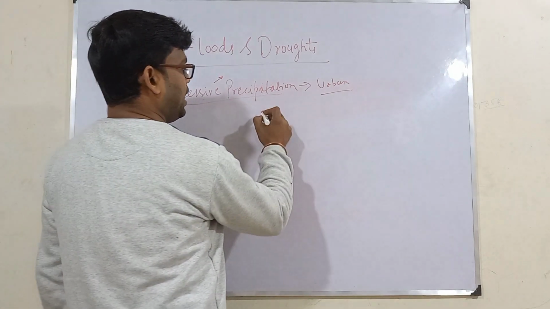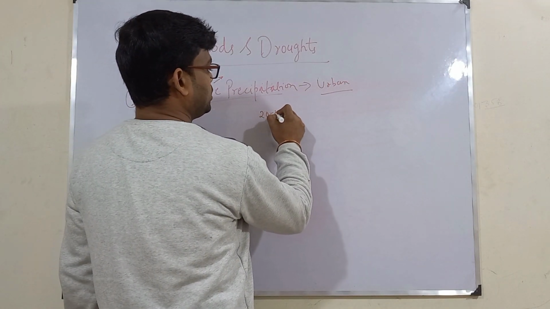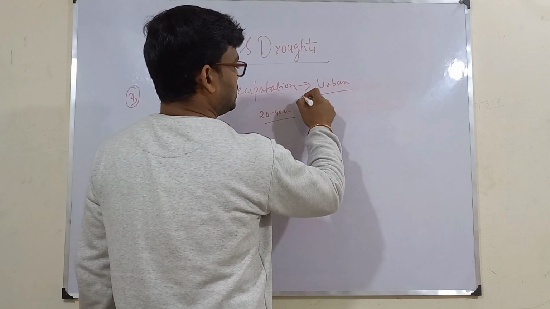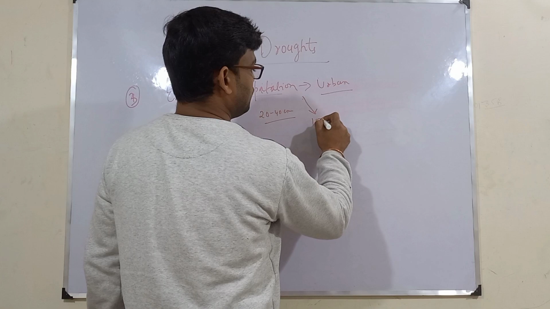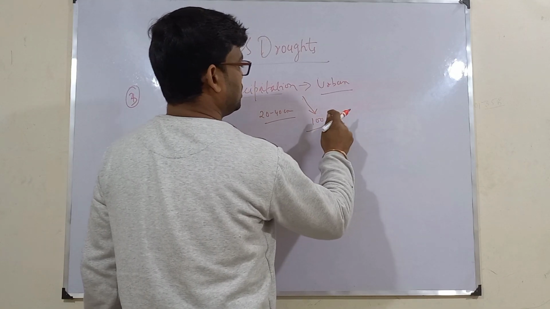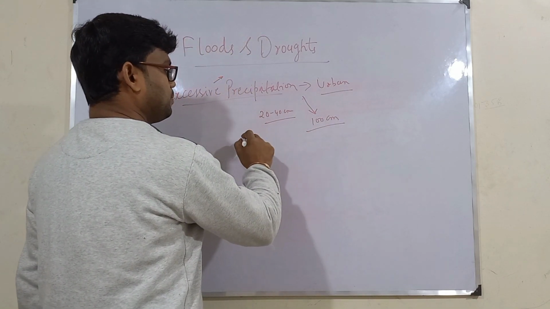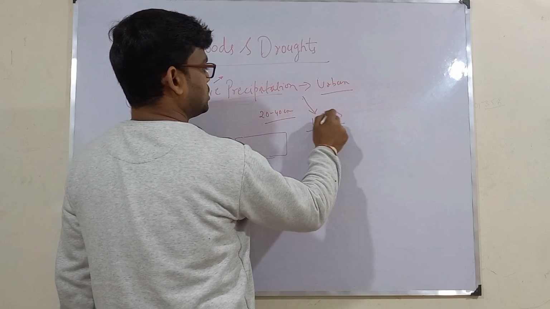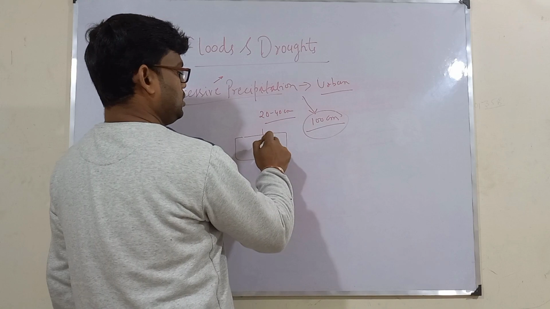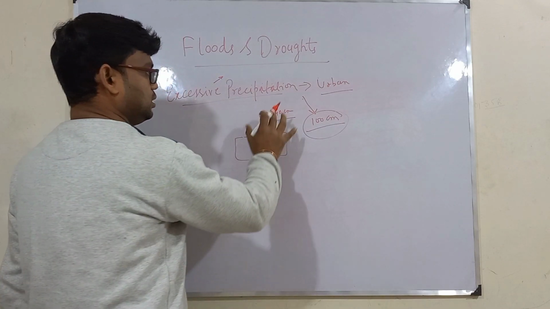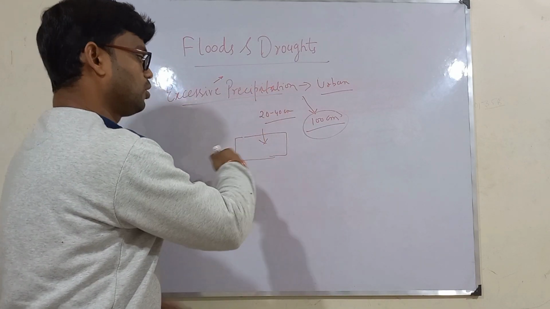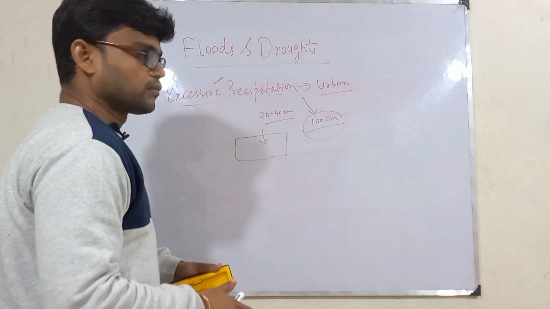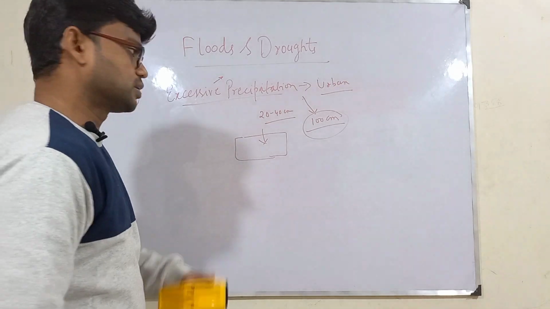For example, at a place we generally have 20 to 40 centimeters of rainfall, but due to excessive precipitation, if this rainfall increases to 100 centimeters, then that place does not have the capacity to accommodate this amount of rainfall. So this leads to floods, or the accumulation of rainwater there, resulting in floods.